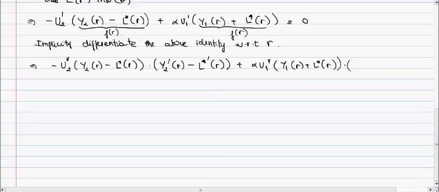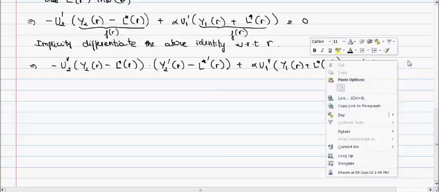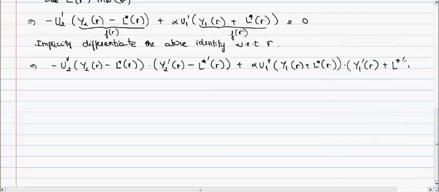So if I differentiate y1 as a function of r, I get y1 dash as a function of r, plus L star as a function of r, which I differentiate to get L star dash as a function of r. And everything still has to be equal to 0.